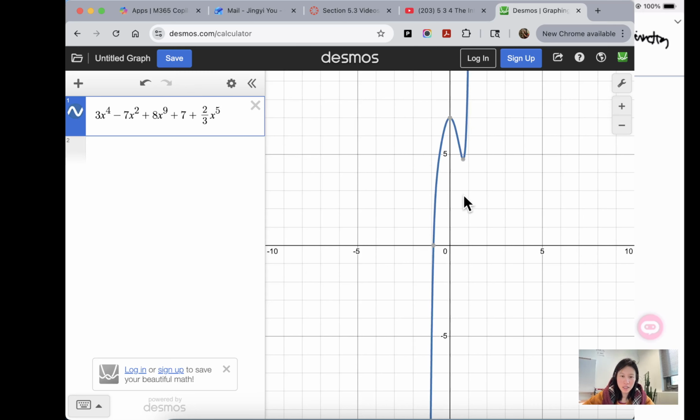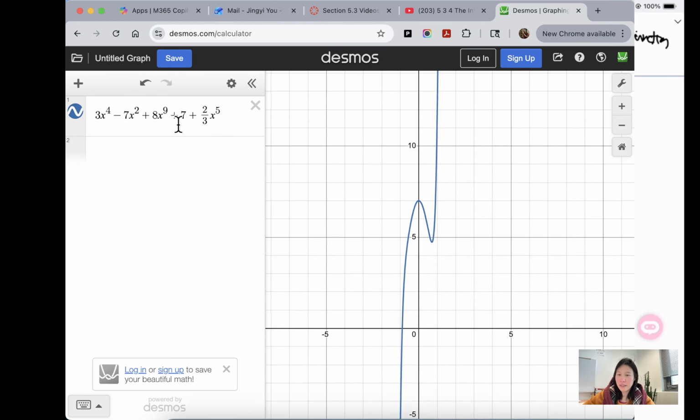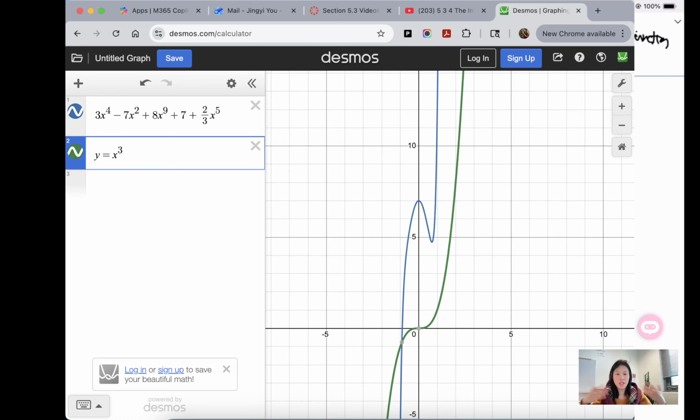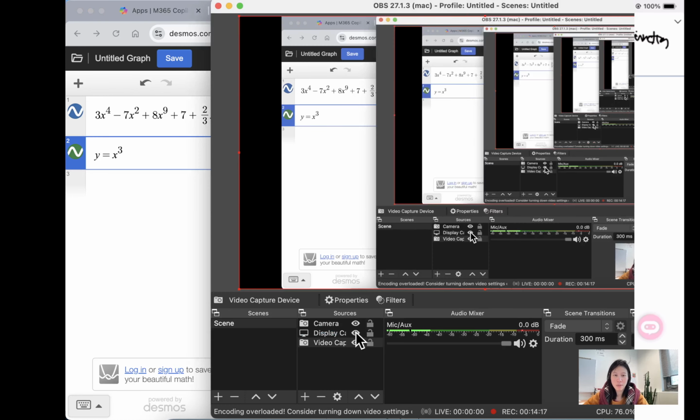If you look at this graph, it doesn't matter what happened in the middle. If you see my mouse cursor here, this is the middle part. We don't care. What we care about is the end part, which means as x goes to the left or goes to the right, where does the function go? If x goes to the left, the function goes down. If x goes to the right, the function goes up. So that is similar to the cubic function.